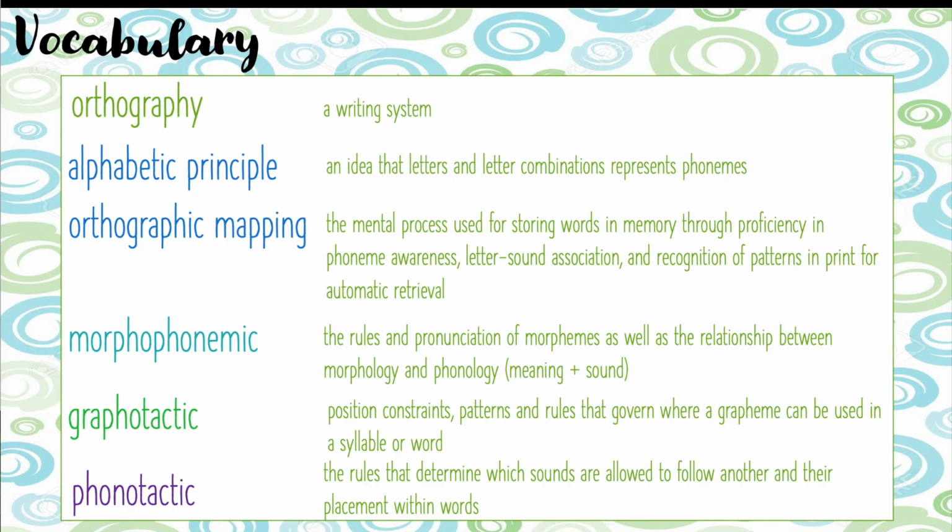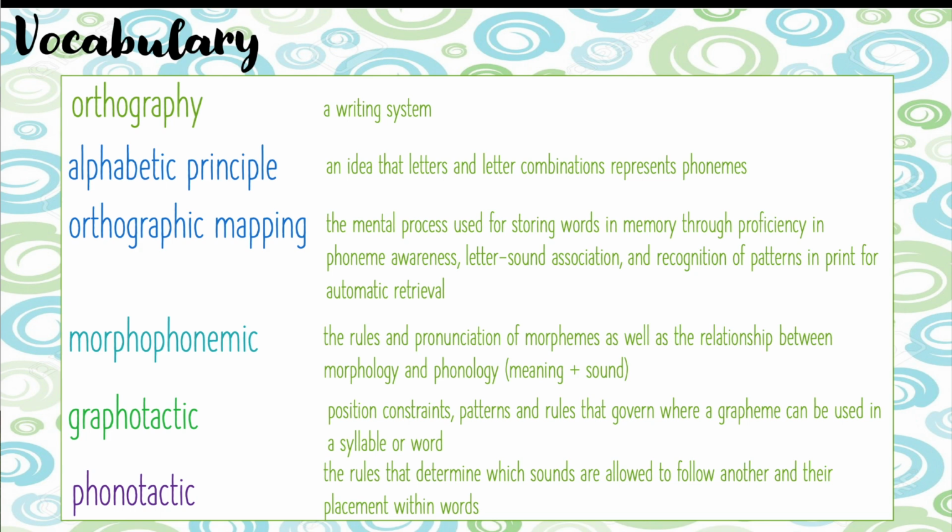Then we have graphotactic and phonotactic. Now, an easy way to think of this is graphotactic is dealing with written grapho, and so placement of certain patterns by where they belong in the word, where that sound belongs in the word. Those are called position constraints. So there are going to be certain spelling patterns that we will not use at the beginning or the end, and vice versa.